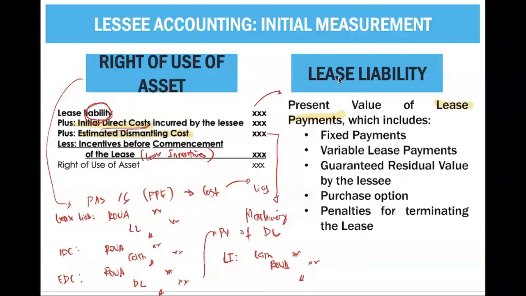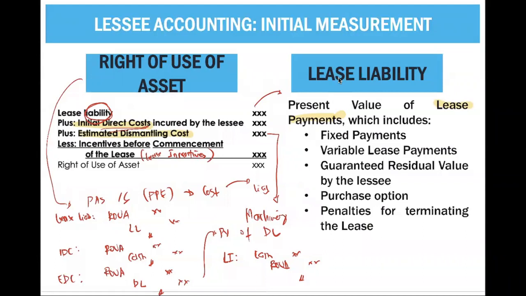Next, you have your guaranteed residual value by the lessee. So any residual value which is guaranteed by the lessee is to be added on your lease liability. Sir, what do we mean by a guaranteed residual value? So at the end of the lease, take note, the right of use will be given to the lessee, right? Okay. So through the passage of time, what will happen to the asset?